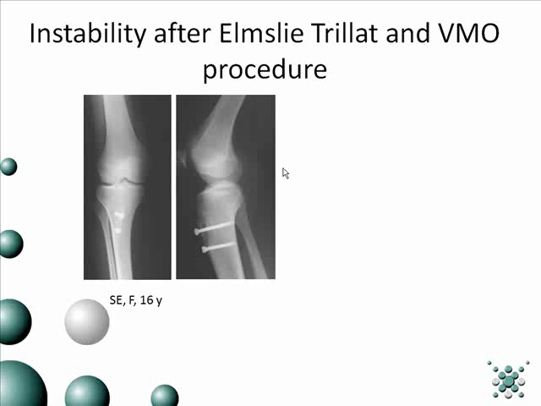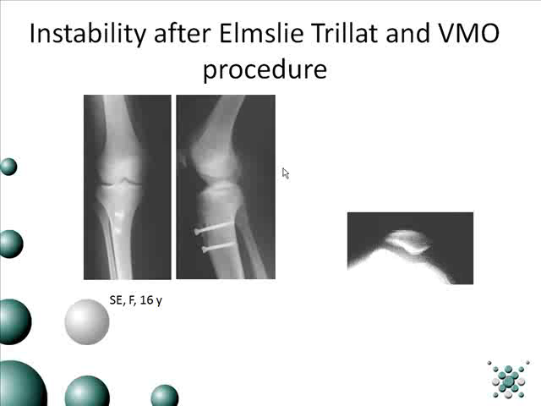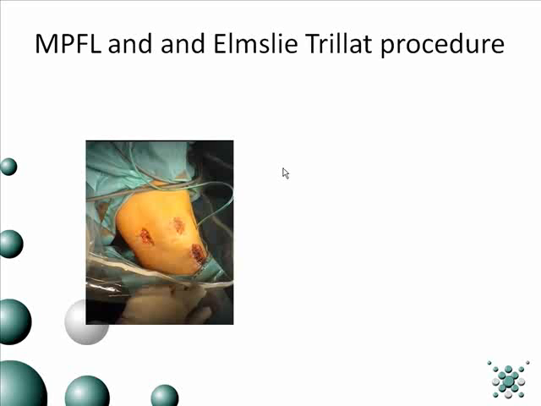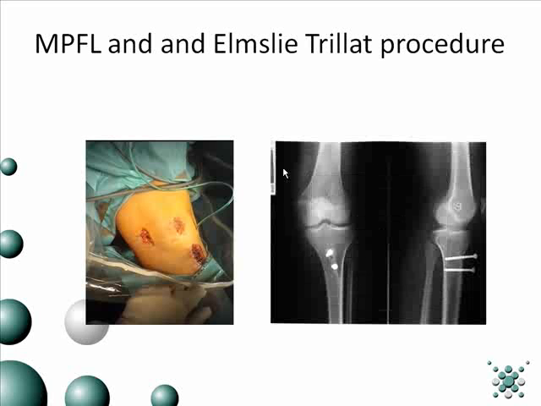This is one of our patients where, after the recurrent dislocation, an MC3A procedure and proximal realignment according to INSAL were done, but we received a new dislocation. How to prevent it? This is a new possibility, to do reconstruction of the medial patellofemoral ligament, and in this case, distal realignment.